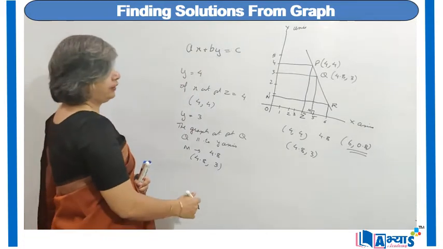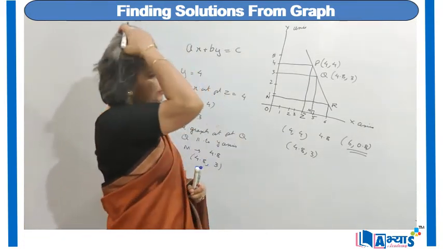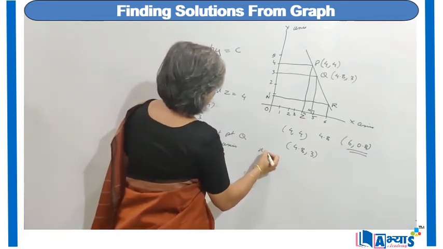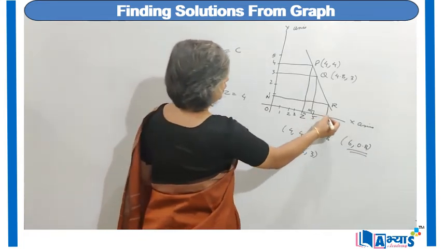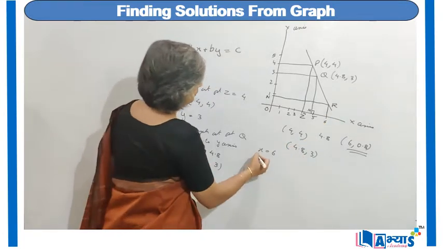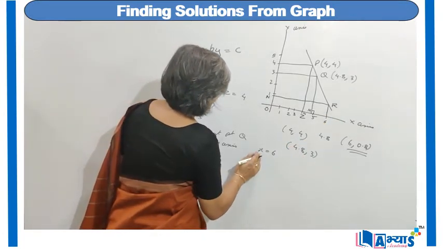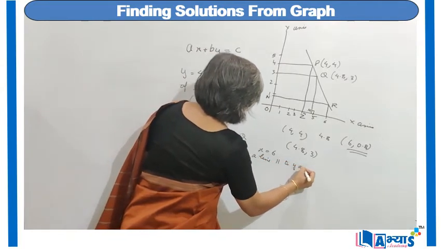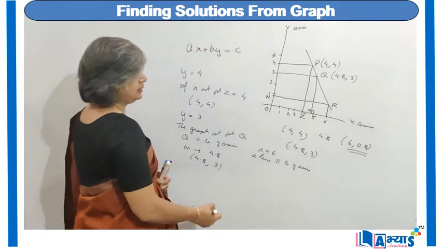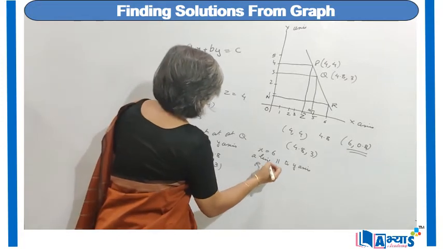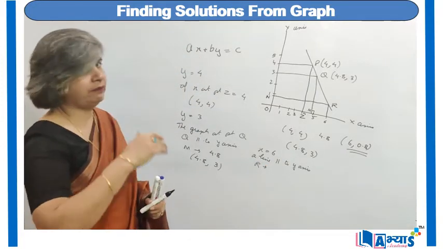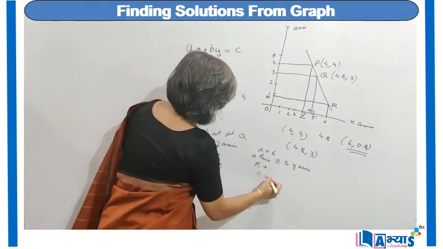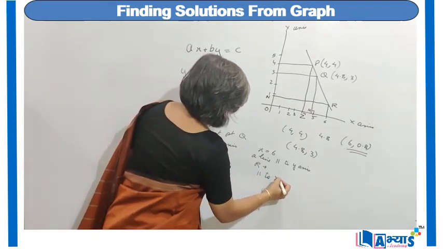Similarly we have tried to find the third solution, but in this case we have assumed the value of x. So we have taken x is equal to 6. From point 6 we draw a line parallel to the y-axis. Let us suppose this line cuts the graph at point R. So we will try to find the value of y at R. For that we will draw a line parallel to the x-axis.